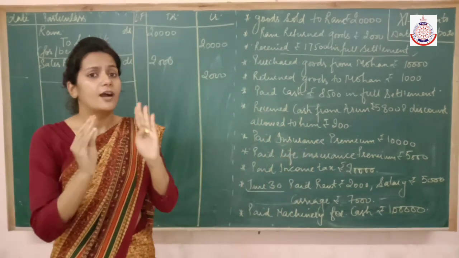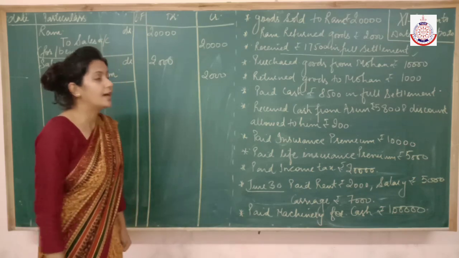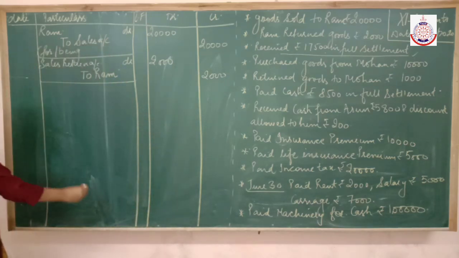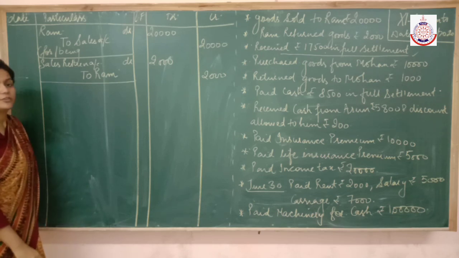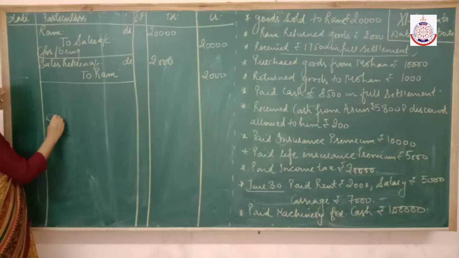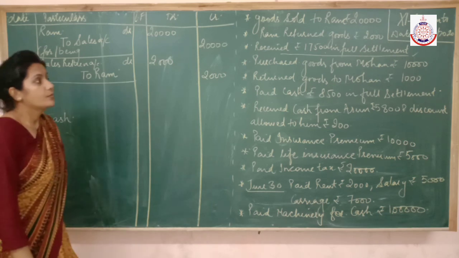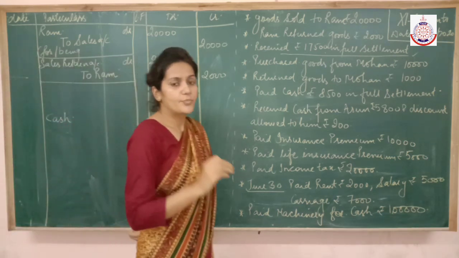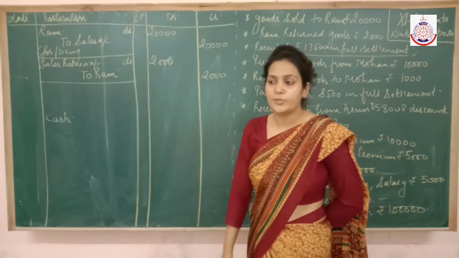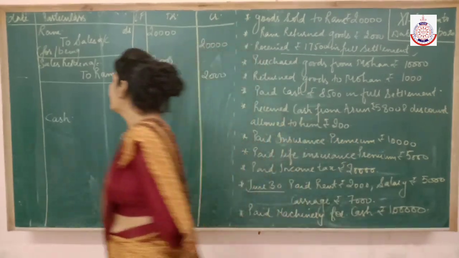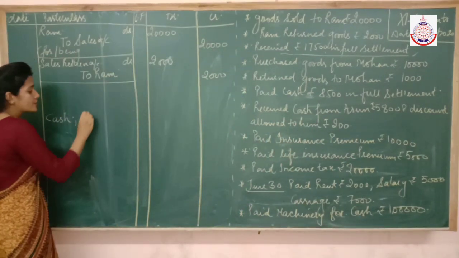So now you think how many accounts are involved in this case. I'll tell you. See, you received 17,500 from Ram. It means first of all the cash account is there. Now you have received lesser payment from Ram, rupees 500 less. It means discount is also there.